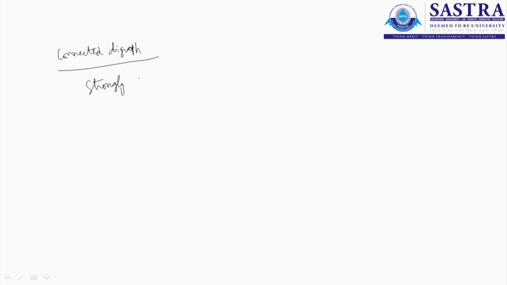One is called the strongly connected digraph, and the other one is called the weakly connected digraph. Now you have to see what is meant by a strongly connected digraph and what is meant by a weakly connected digraph.